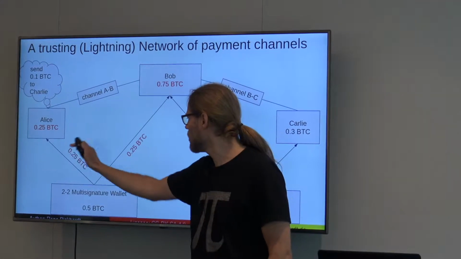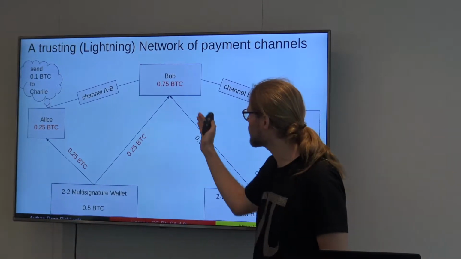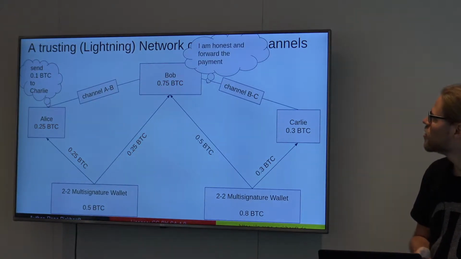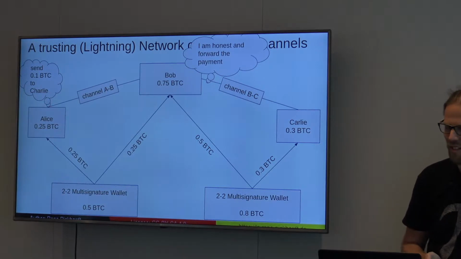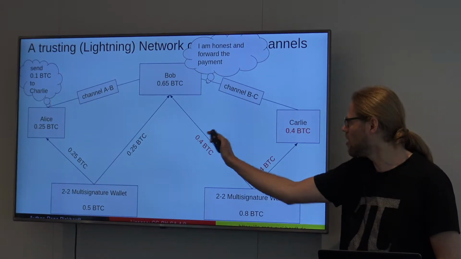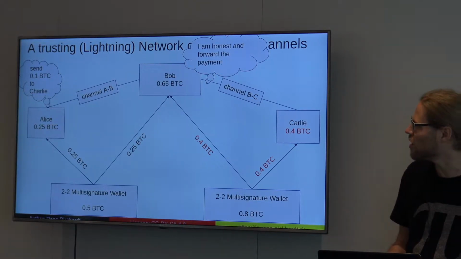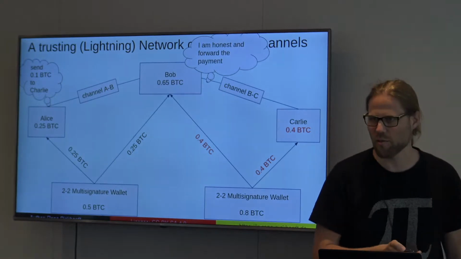Here the balance changed, and if you add this together, Bob now has 0.75 Bitcoin. Bob says, hey, I'm very honest, of course I forward the payment, so this balance is updated, and Charlie now has 0.4 Bitcoin and Alice has 0.25 Bitcoin. The payment went through, and everybody is happy.